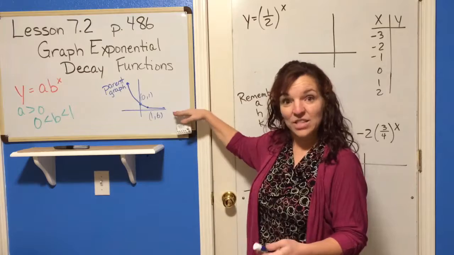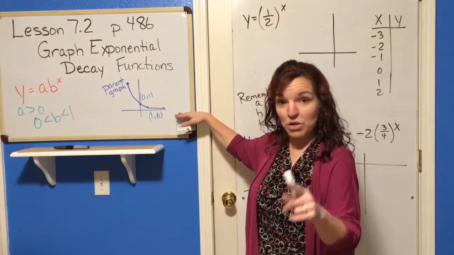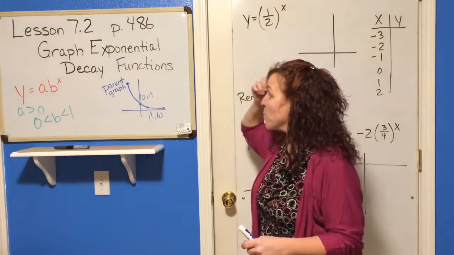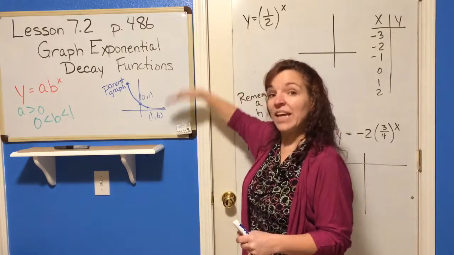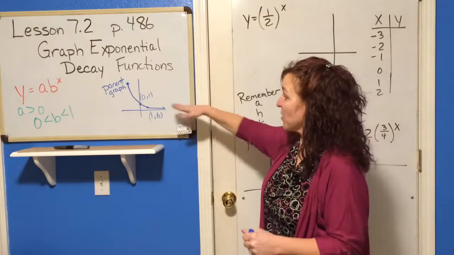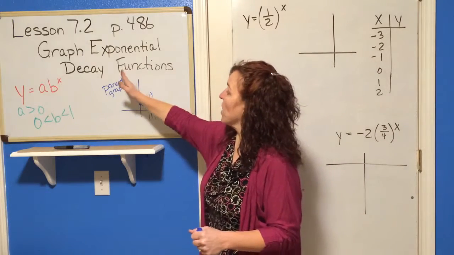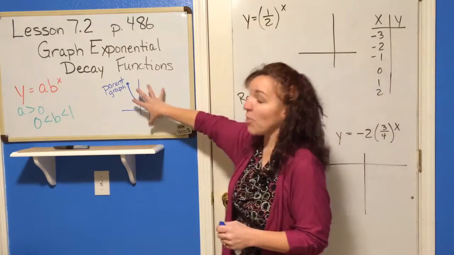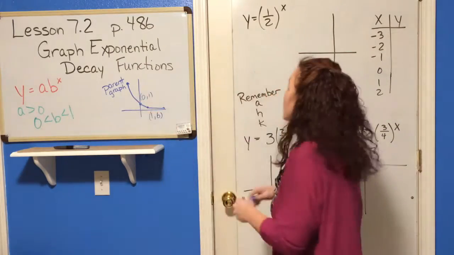The x-axis is still the asymptote. Remember that word from yesterday. The x-axis is the asymptote, and so the range is still going to be anything greater than 0 for the y-axis, or for the x-axis, sorry.